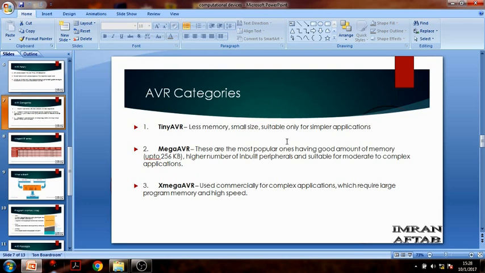All microcontrollers are categorized in three types. The AVR microcontroller is divided into three types: first is tiny AVR, second is mega AVR, third one is XMega AVR. Suppose you want to make a very small device, for example a small alarm system.